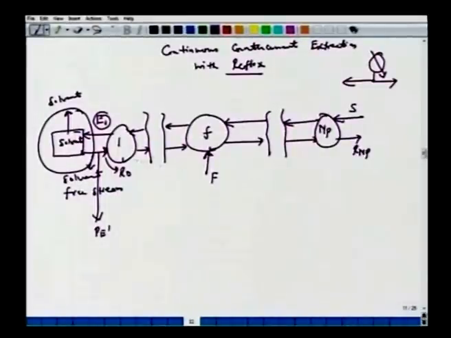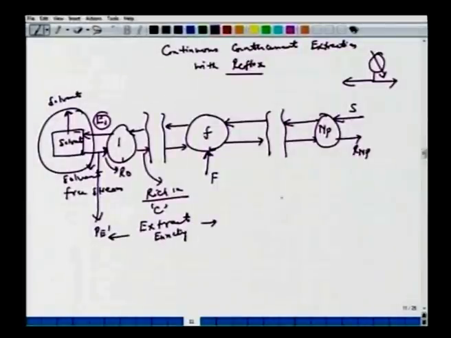In this case, this stream will be rich in solute, or in C. So this section is actually your extract enriching section, and this side you have the raffinate, or raffinate stripping section.